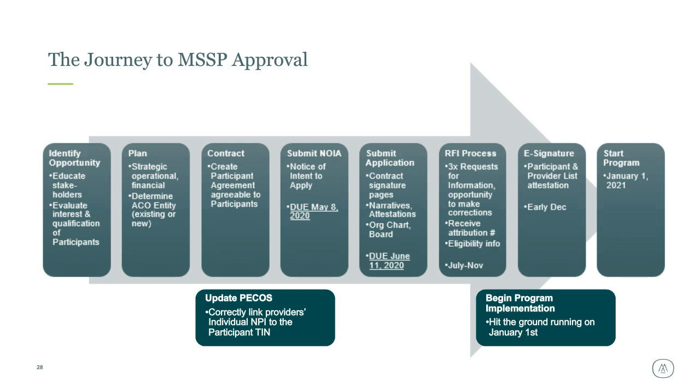We list all the names of the board members. And this is a process. I think I've probably done about 60 ACO applications in my time working on the MSSP. So I have a lot of experience here, can help you get all your ducks in a row to make sure your application goes through without too much struggle.